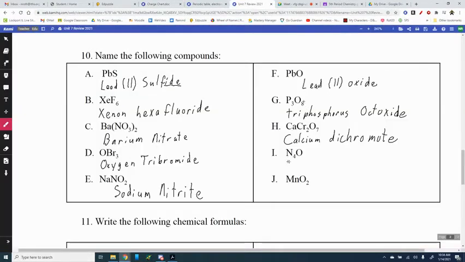So this is going to be tetranitrogen monoxide. Again, we dropped the O from the mono because the element starts with a vowel and it sounds better. Monoxide sounds better than monooxide.